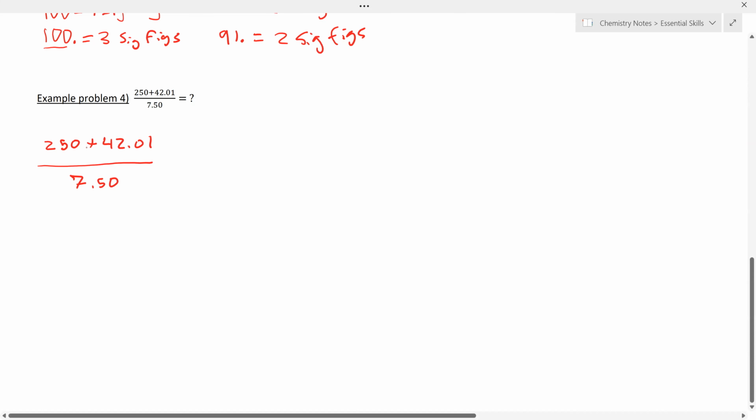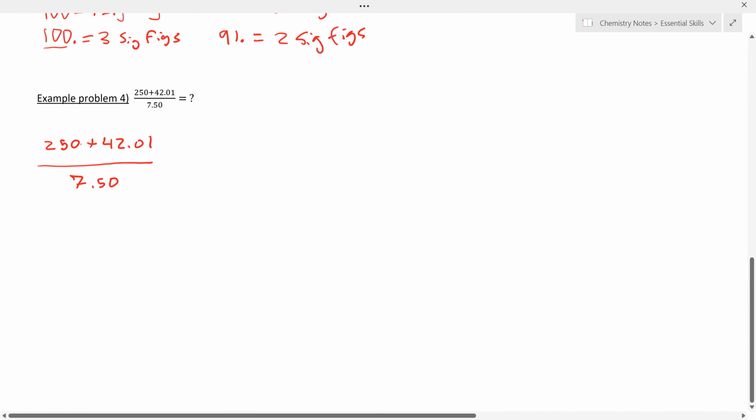But just like usual, you've got to keep track of the sig figs. In this case, we're doing addition, so it's the number with the least decimals, not sig figs, that is going to be our indicator. That's going to be the 250. This is where the rule we just went over comes in.